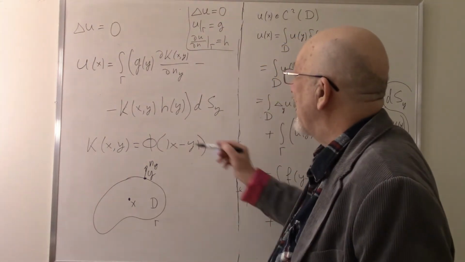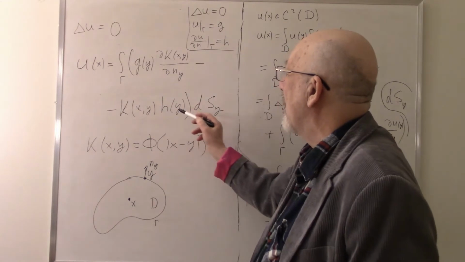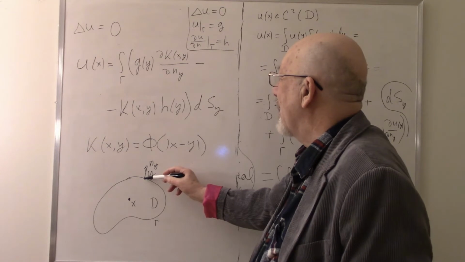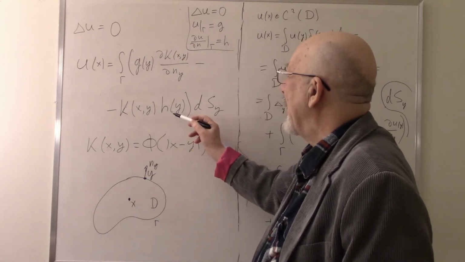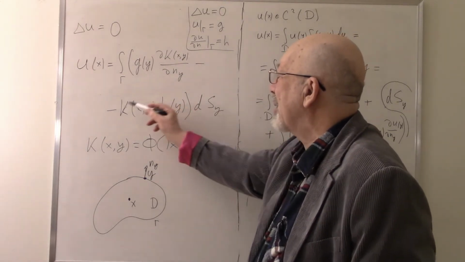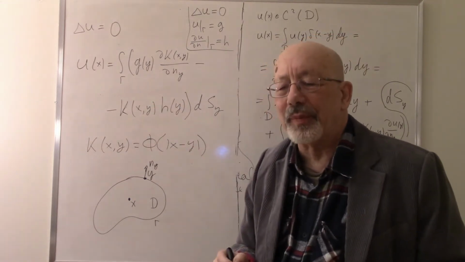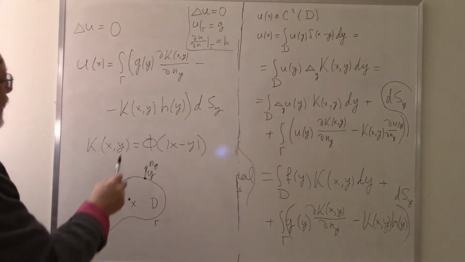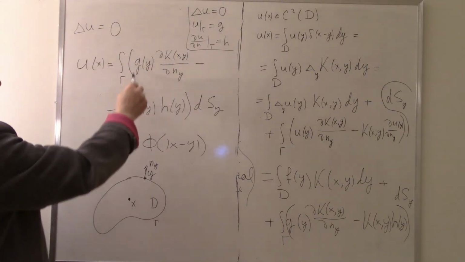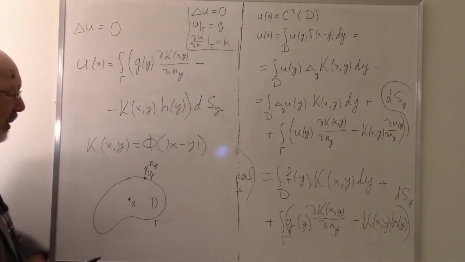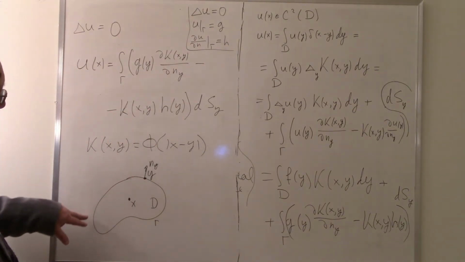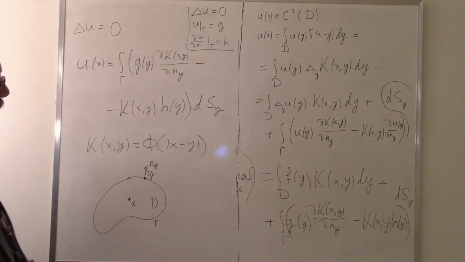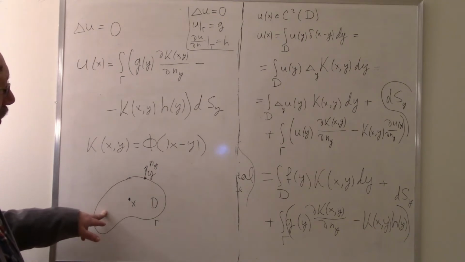And the same with h of y, or du dn at y: it is some number for a fixed y, and as a function of x it is also a smooth function. So for any y this is a smooth function, and we have a family of smooth functions depending on y on the boundary. We integrate it, and as a result we have that the harmonic function is smooth.